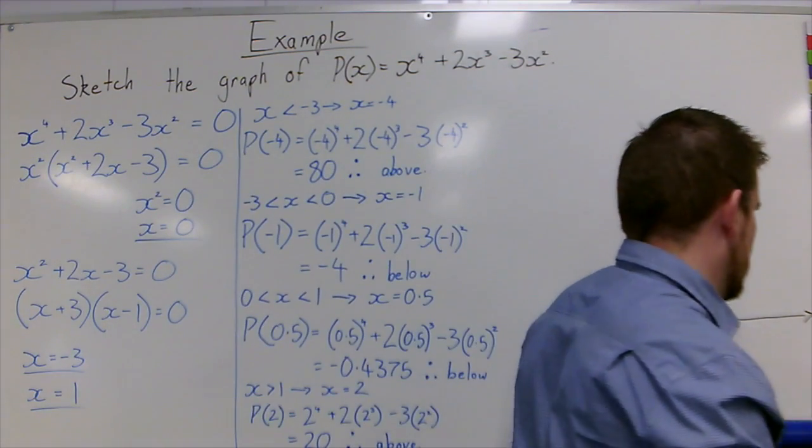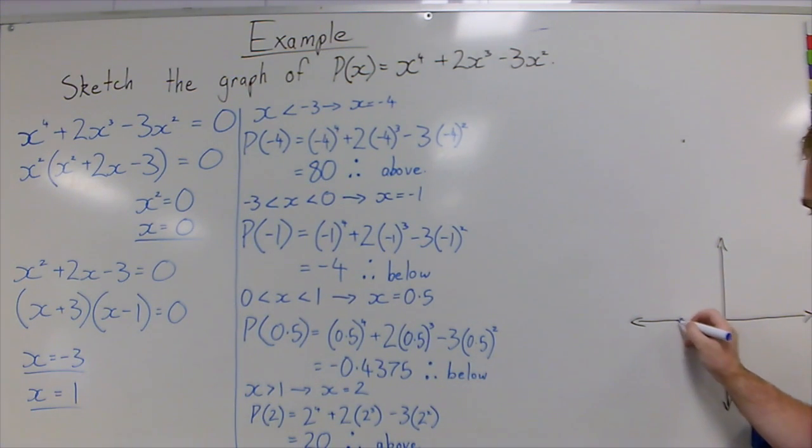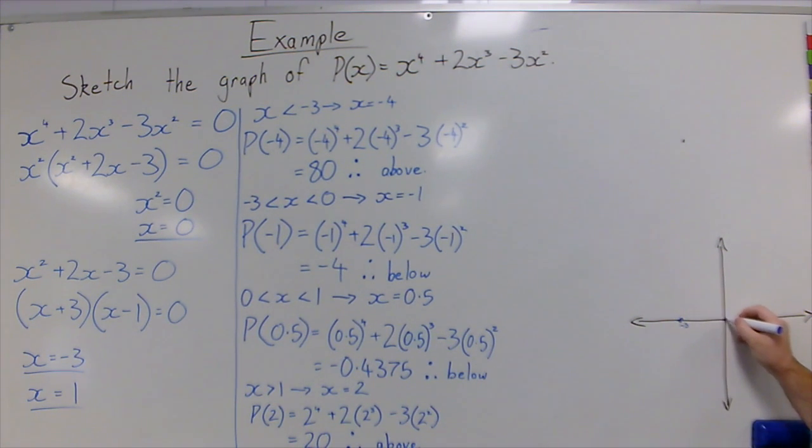So that's what we have over here. The first step is to put our x-intercepts on there. So I'll say that is minus 3, obviously that's 0, and let's say that's 1.